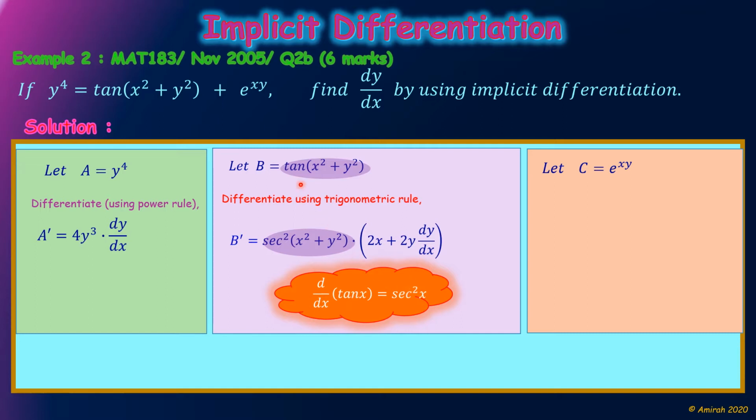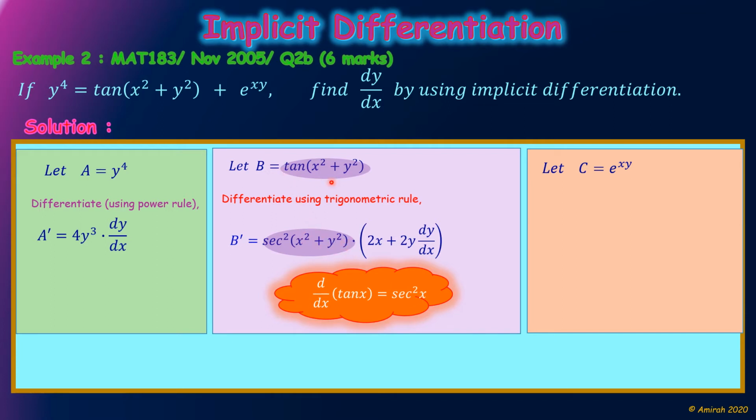So now we just assume our x here equals x squared plus y squared. So when we differentiate tangent (x squared plus y squared), it becomes sec squared (x squared plus y squared).